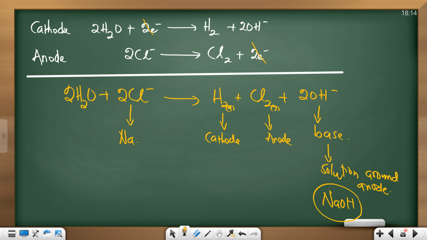Now the Na is combining with OH to form sodium hydroxide. And what is this called? This is called the net ionic equation. Guys, there's no cell notation here. It's an electrolytic cell.